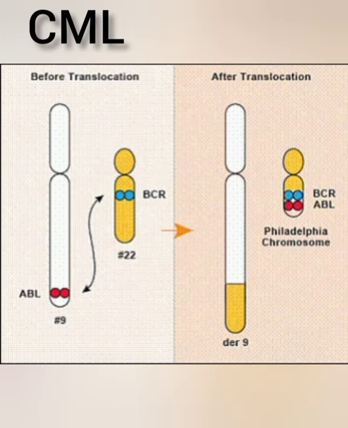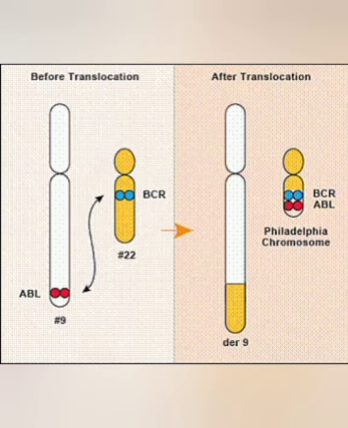Here come two examples. The first one is CML, chronic myelogenous leukemia. A translocation can be seen between chromosome 9 and chromosome 22. The ABL gene, named for the Abelson gene, is present on chromosome 9, and this gene is translocated into chromosome 22 near the BCR gene.